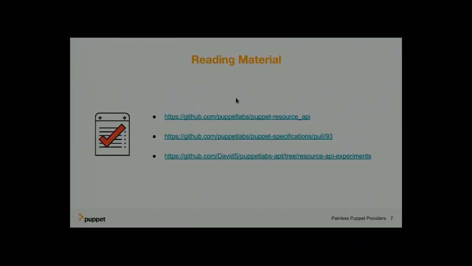Also, I forgot to mention, linked from the Puppet Resource API is example code for more fully-fledged providers. I ported one of the things I did, the apt key management provider, in an afternoon.